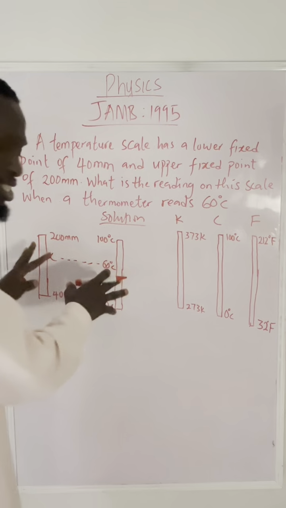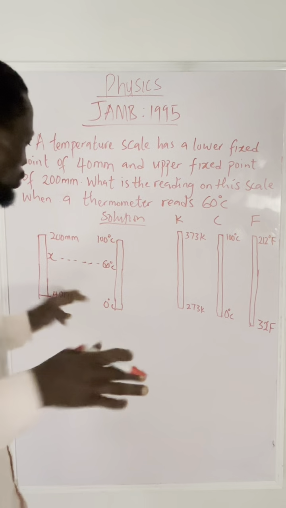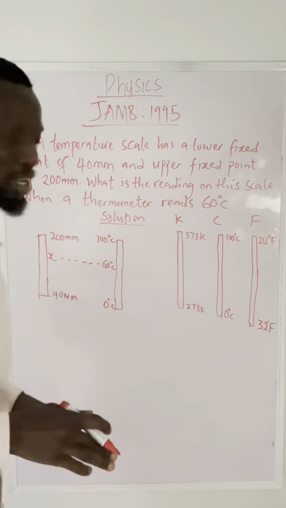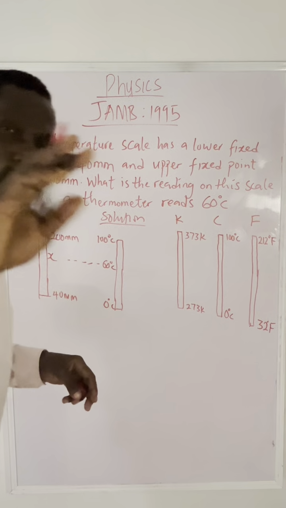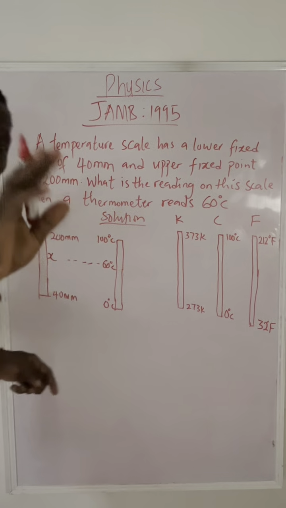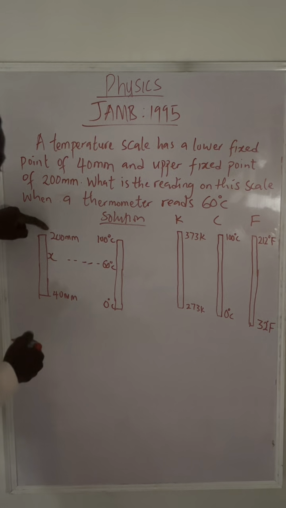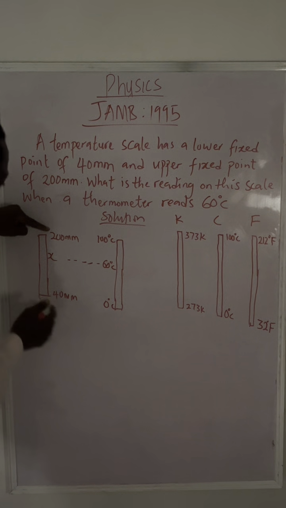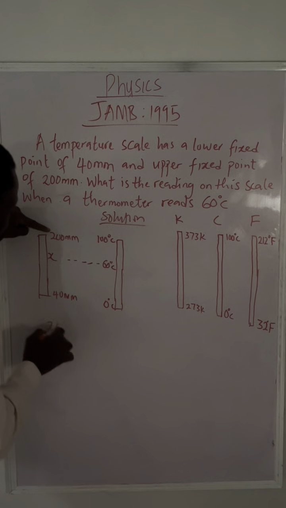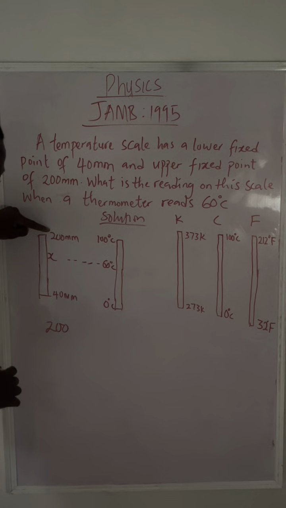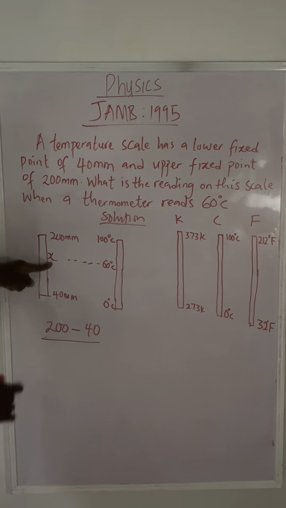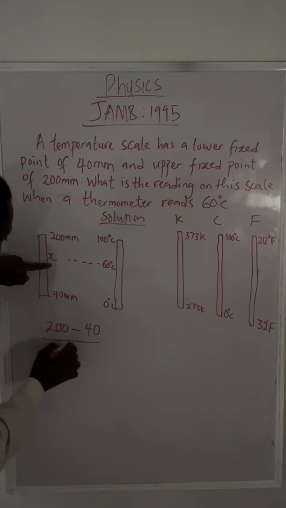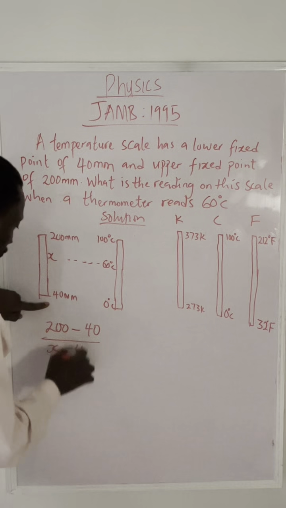Once you have done this, the next thing to do is interpolation. How do you interpolate? For this one, you say 200 millimeter, the upper fixed point, minus the lower fixed point, 40, divided by the middle one you're looking for, X, minus the lower fixed point, 40.